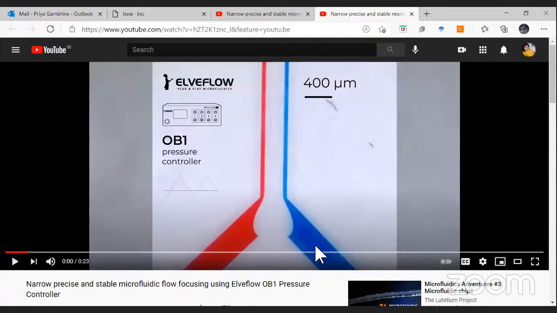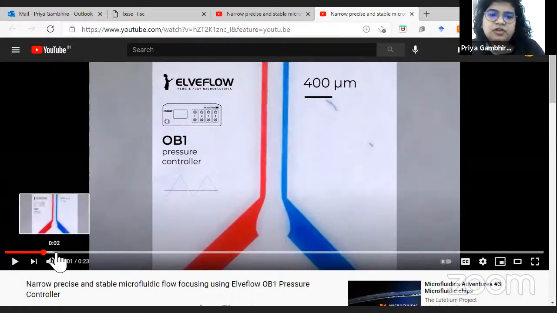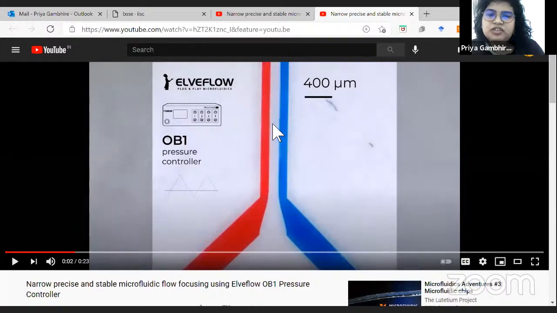The red branch, there's a blue branch, and there's a straight channel which contains a colorless liquid. Okay. So what is happening in this particular video is that there are three streams of fluids coming in, and by changing the flow rates of either the central channel or increasing the flow rates of the side channels, you can actually change the width of these streams in the main channel over here.